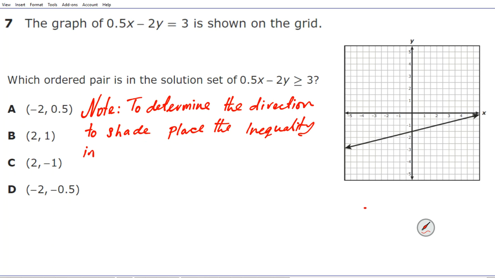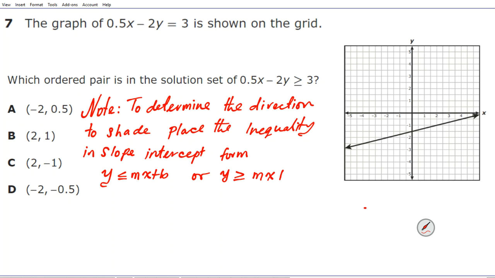in slope-intercept form. What is the slope-intercept form that I speak of? Slope-intercept form for a linear inequality is basically y isolated, less than or equal to mx plus b, or y isolated, greater than or equal to mx plus b, for this particular case.